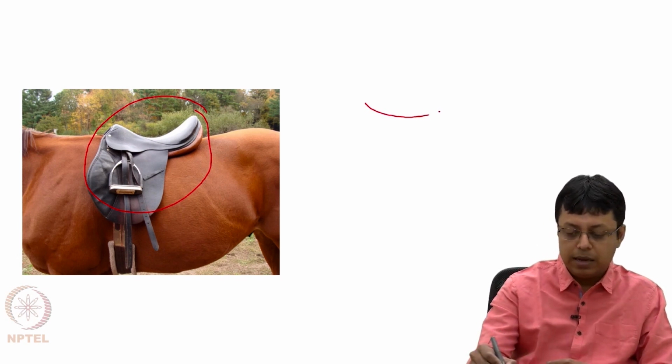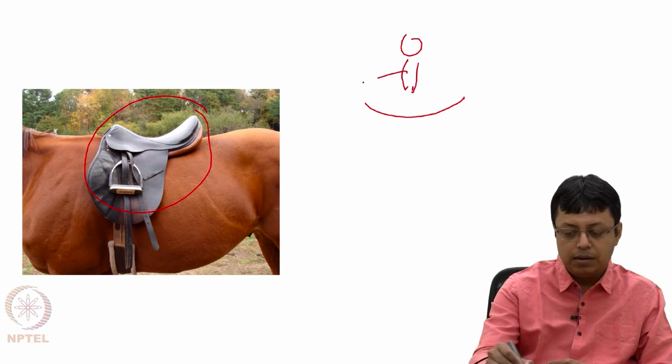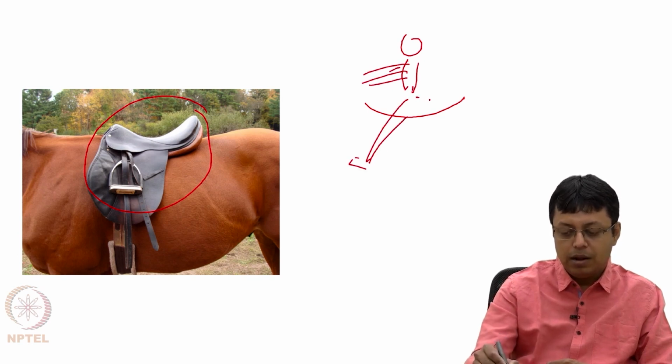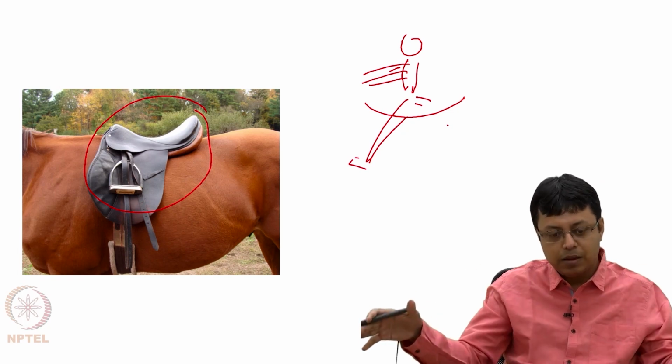Saddle means, if you have seen a horse riding competition, you will see a structure on top of the horse. It is a sitting arrangement so that the rider doesn't fall, because his or her legs will be on the two sides of the horse.